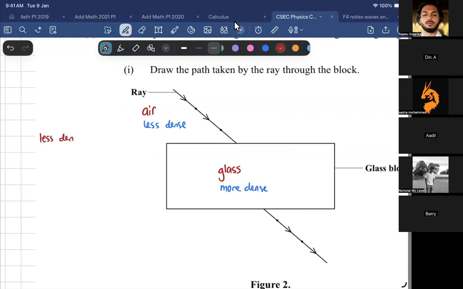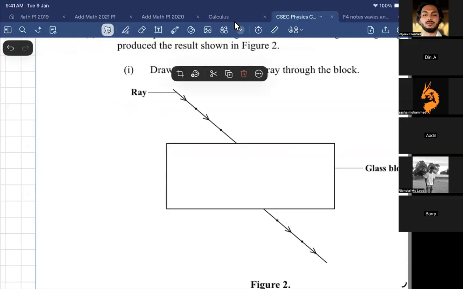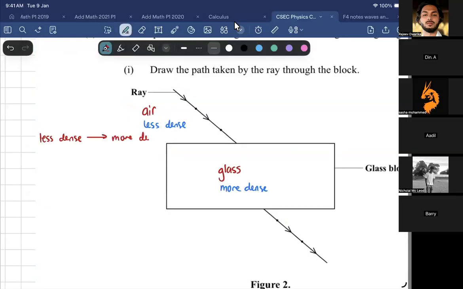Do you remember? It bends towards. Towards, okay.